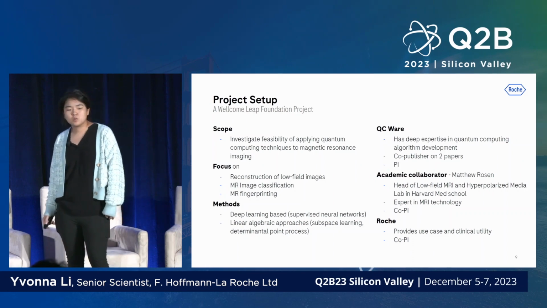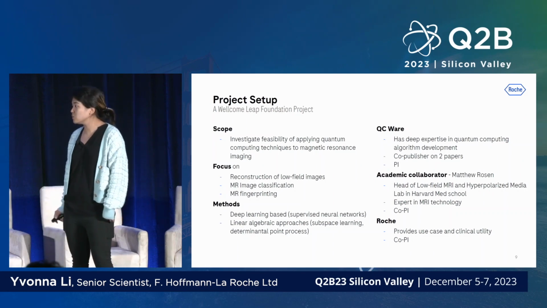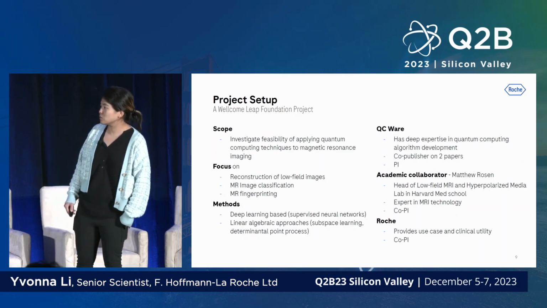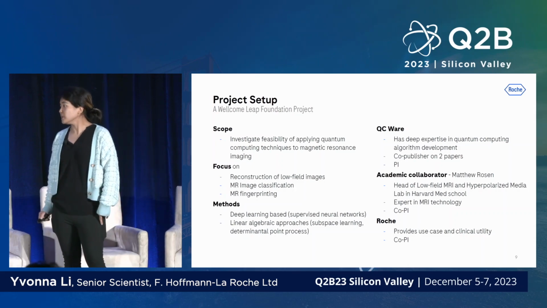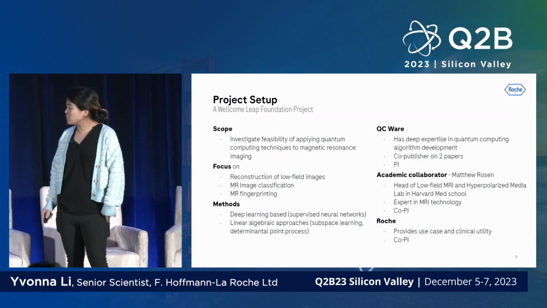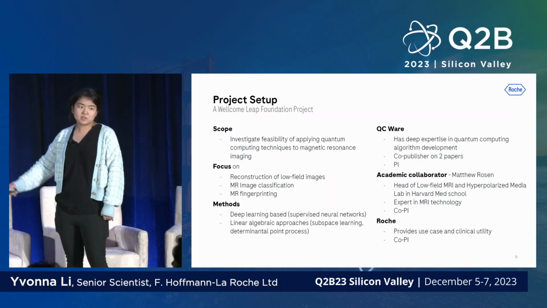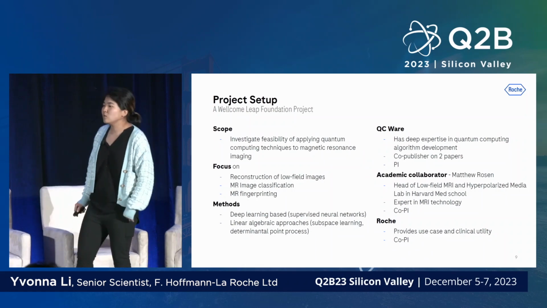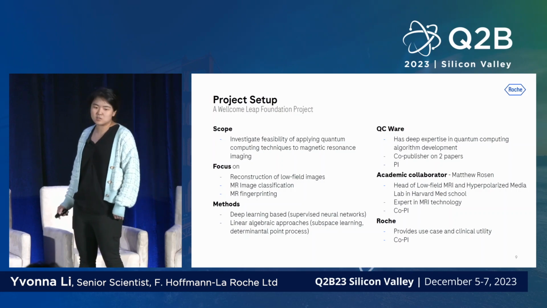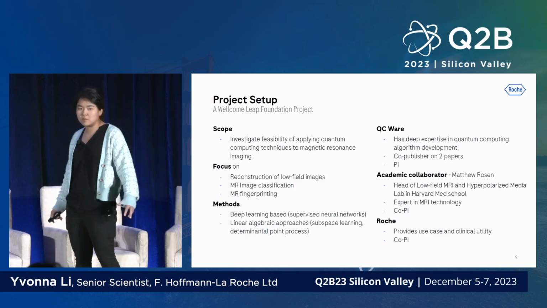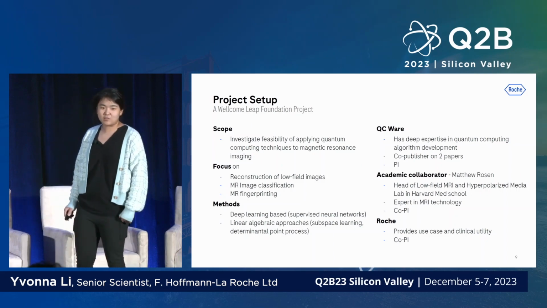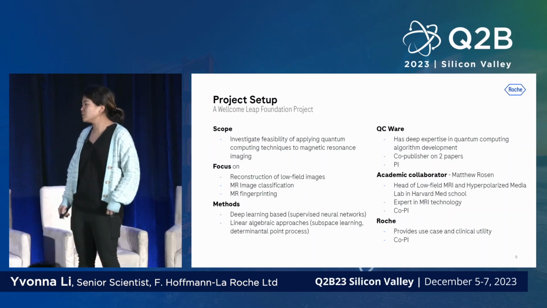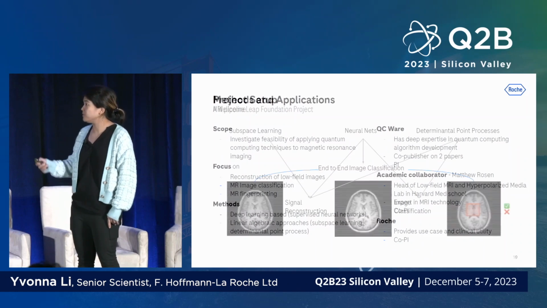So the methods we're looking at are not only limited to supervised neural nets; we're also looking into other linear algebraic approaches, which I'll touch on very briefly in a moment. On the right-hand side, you can see the team setup, and I would like to mention that this project is funded by the Wellcome Leap Foundation, and there's a panel right after this talk to give you more details. I won't spoil any of the surprises there.